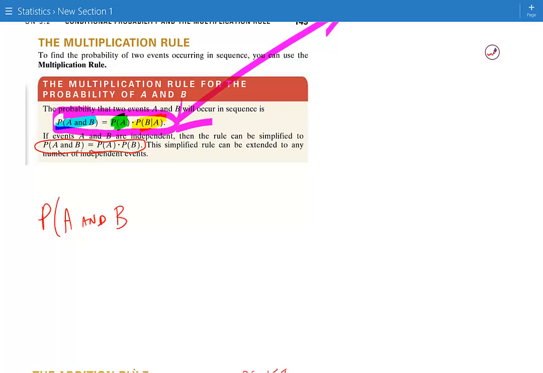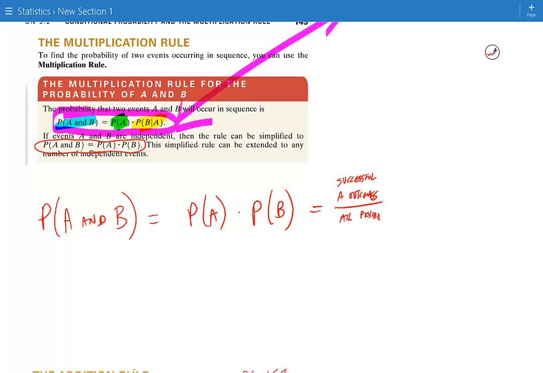And so if I say the probability of A and B equals P of A times P of B, well, that's really going to work out to the probability of A is going to be all of the successful A outcomes, and then out of all possibilities.